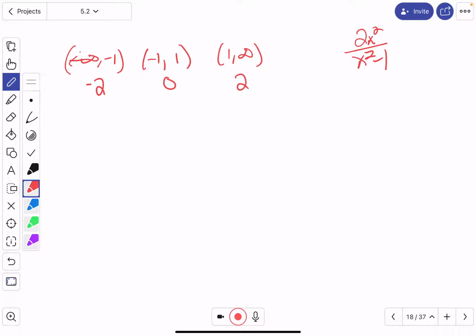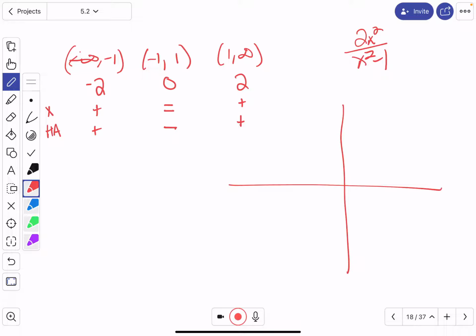But if you plug in -2, you get 2.66. So we've got our x-axis and our horizontal asymptote. It's above both of those. If I plug 0 in for x, I get 0, which is on the x-axis and below the asymptote. Then if I plug 2 in, I get 2.66, which is above it.